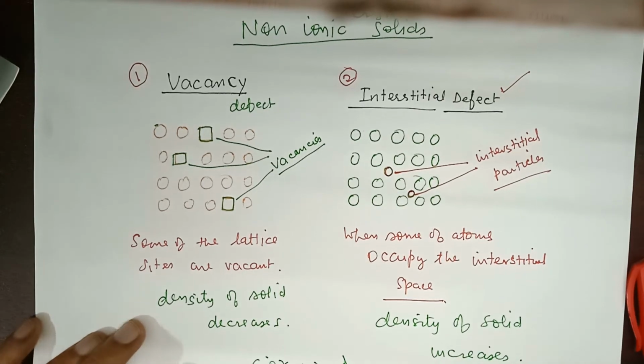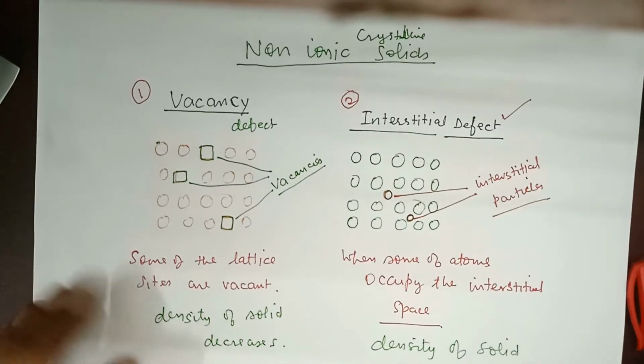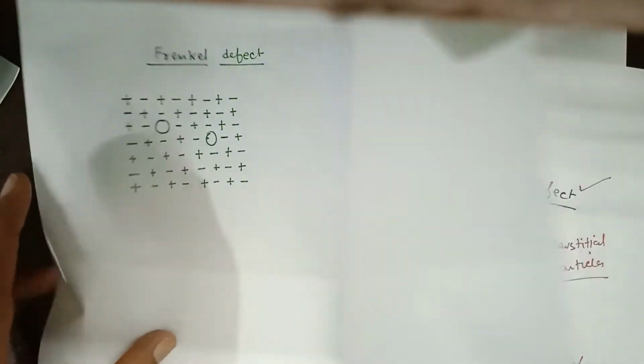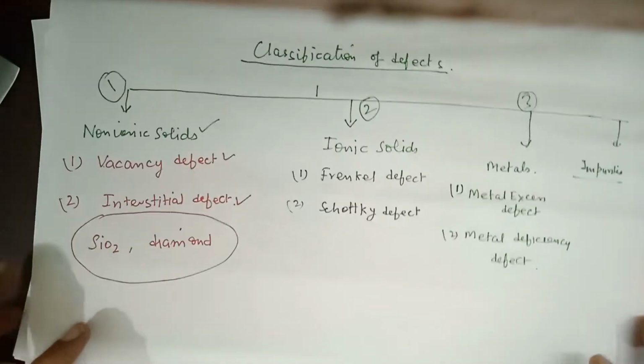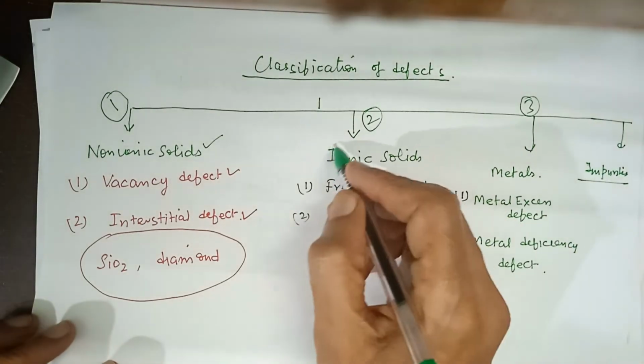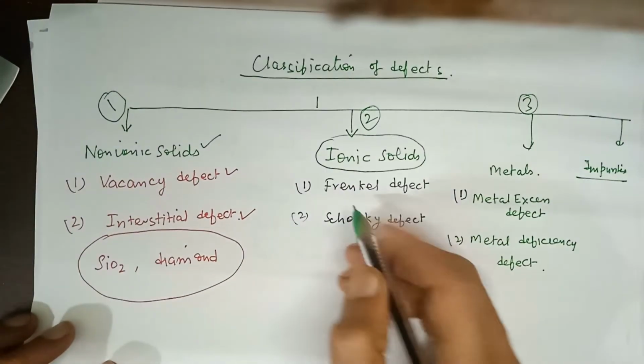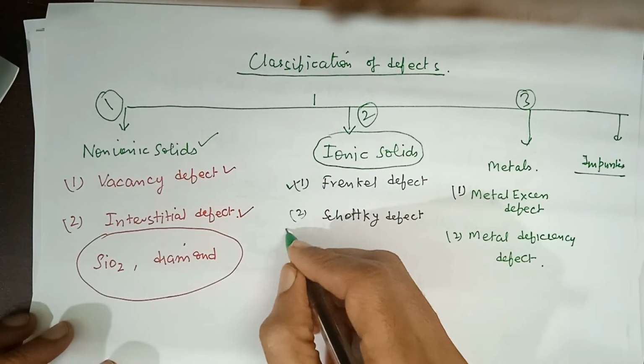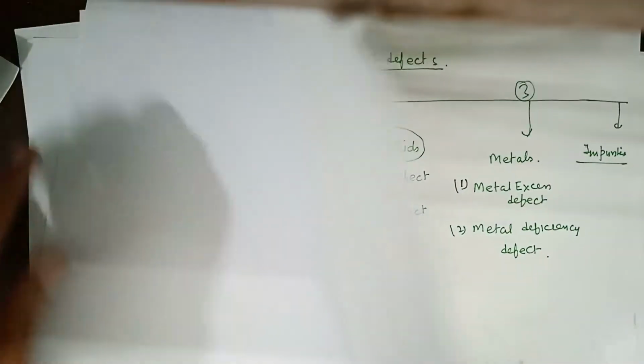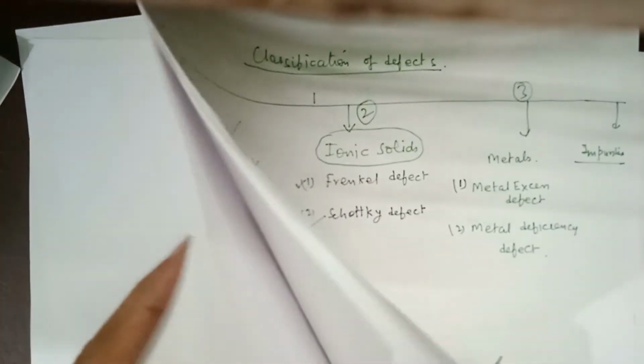Now we come to the second type of defects, which is in ionic solids, and that is Frenkel and Schottky defect. See, in Frenkel defect, what happens?